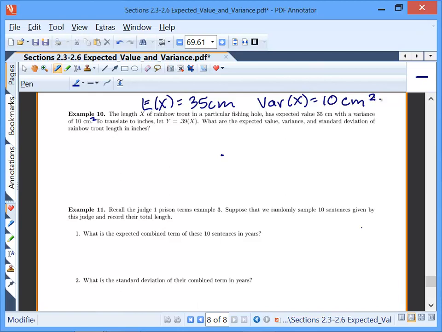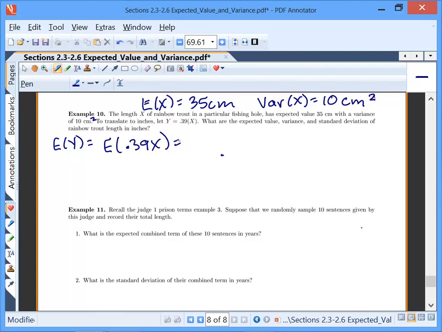So we want to find the expected value and variance of y. The expected value of y is really the expected value of 0.39x. What happens to that 0.39 for my expected value? I want to bring it out. For expected value, does it come out as it is, or does it get squared?